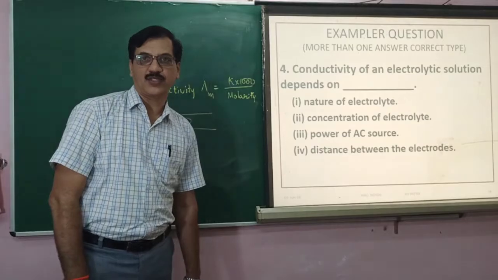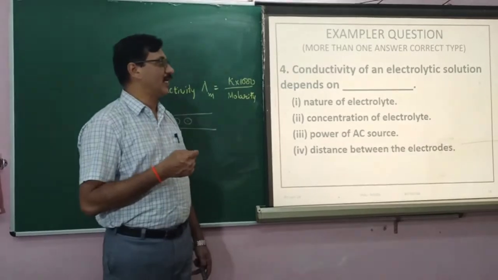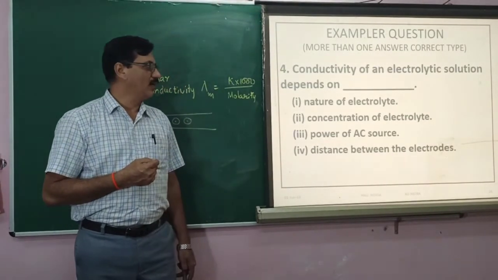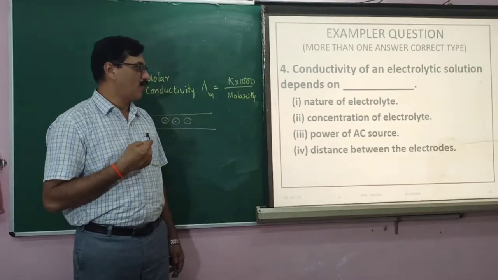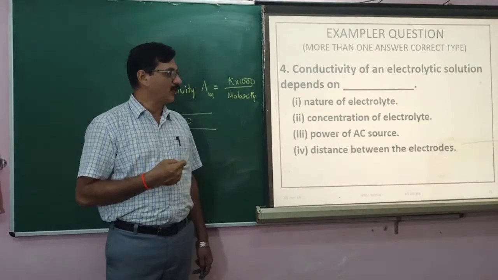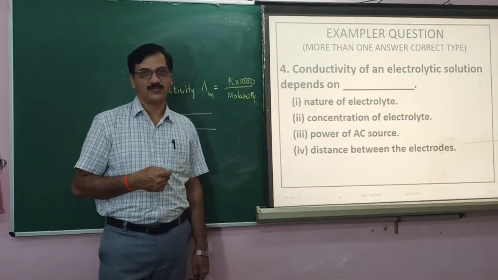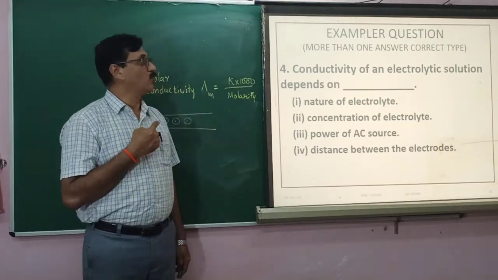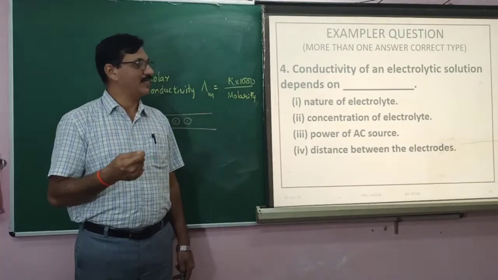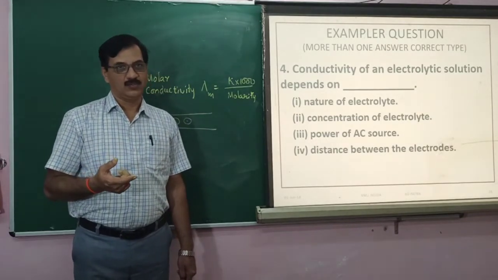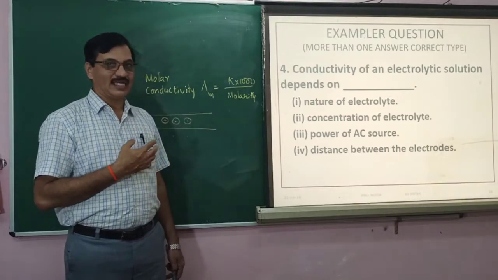Now, coming to another question. Conductivity of an electrolytic solution depends upon nature of electrolyte, concentration of electrolyte, power of AC source, distance between the electrodes. Right? This is a more-than-one-answer-correct type question, so there may be more than one correct answer.